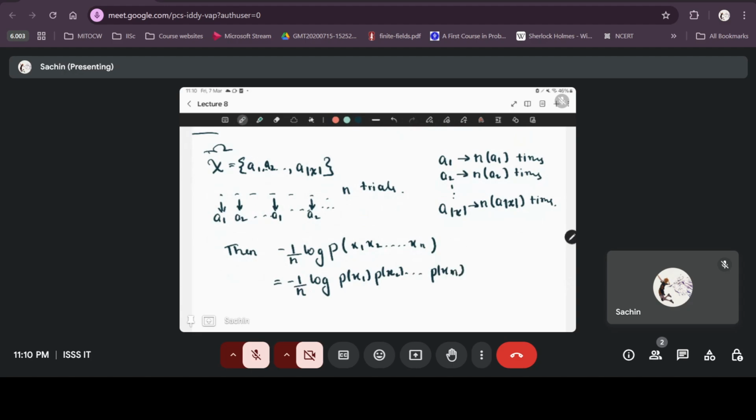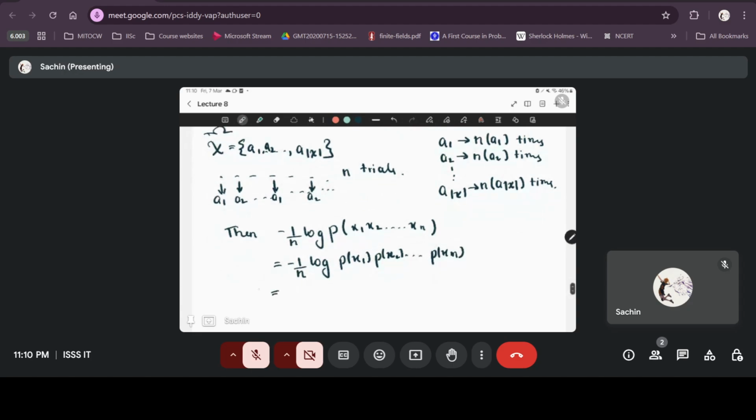So this a1 occurred n of a1 times among these x1, x2, xn. Each of these xi's can be any one value from script x.